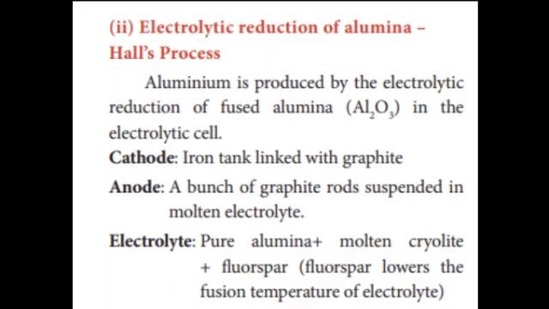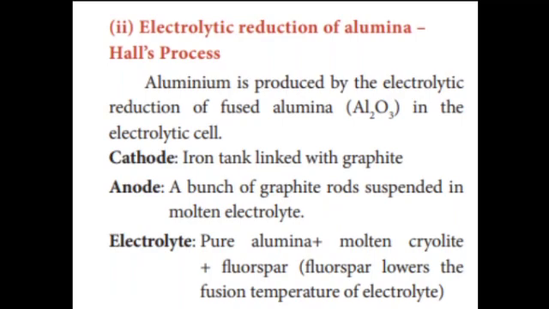Then the second method, electrolytic reduction of alumina by Hall's process. Aluminium is produced by the electrolytic reduction of fused alumina, Al2O3, in the electrolytic cell.